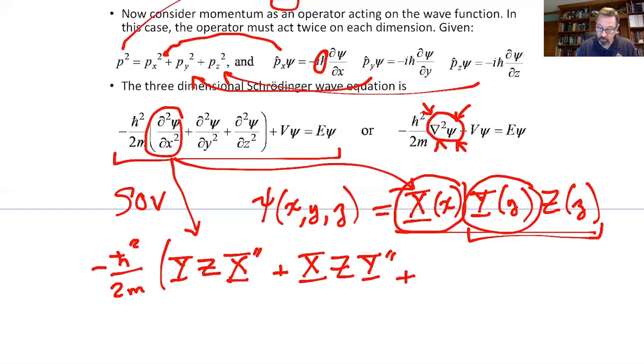And then the third term, well, now x and y functions are constants with respect to the partial derivative, and we're left taking the second derivative only of the z function because that's the only thing that would have a derivative.